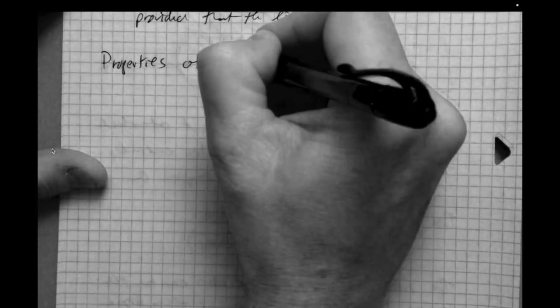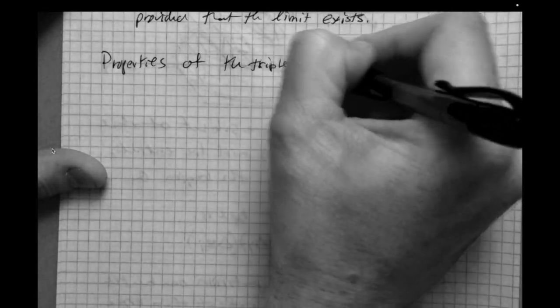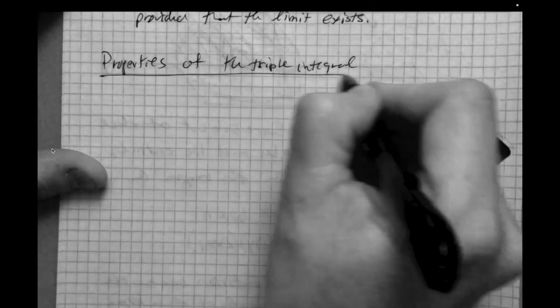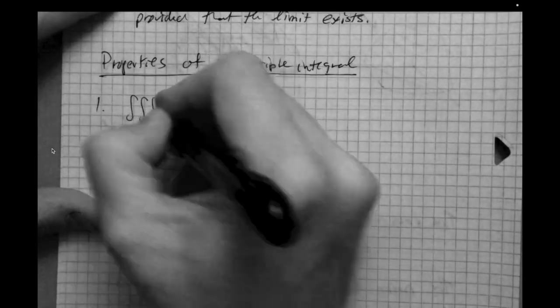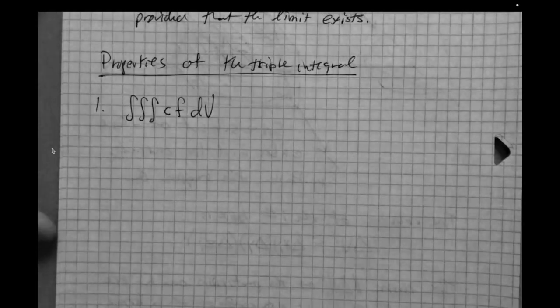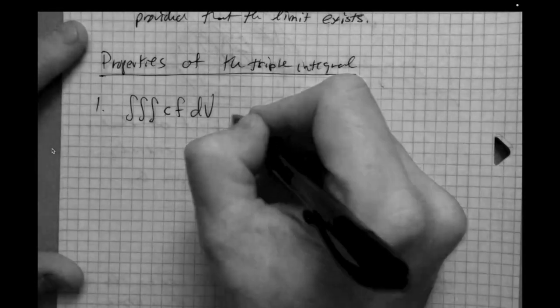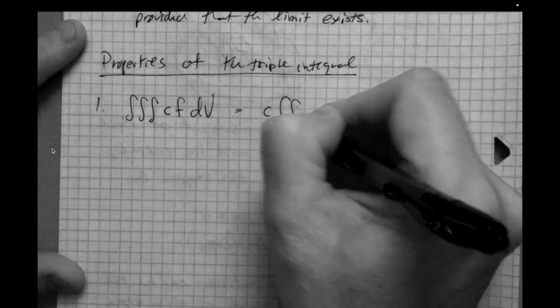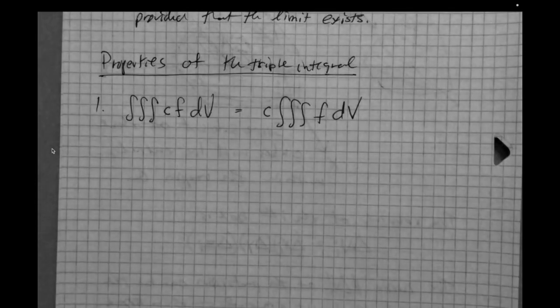Properties of the triple integral. First of all, if you multiply the function times a constant, so if I've got a triple integral of c times f dv like this, and I'm just going to abbreviate some of these things, where c is a real number, f is a function of 3 variables, and this is the integral, then you can pull the constant outside of the integral, as you would imagine.